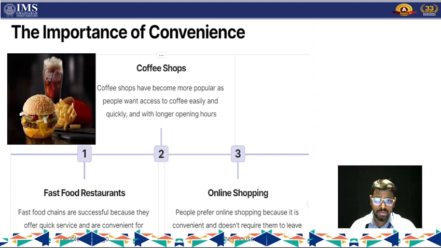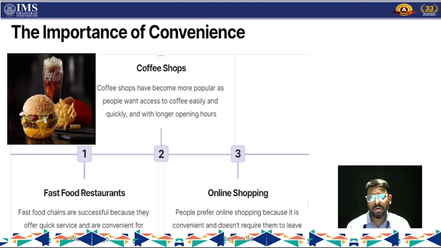For example, I have quoted the example of coffee shops. Coffee shops have become more popular as people want access to coffee easily and quickly, with longer opening hours. Second is fast food. Fast food chains are successful because they offer quick service and are convenient for the consumer. The same is the reason for online shopping.